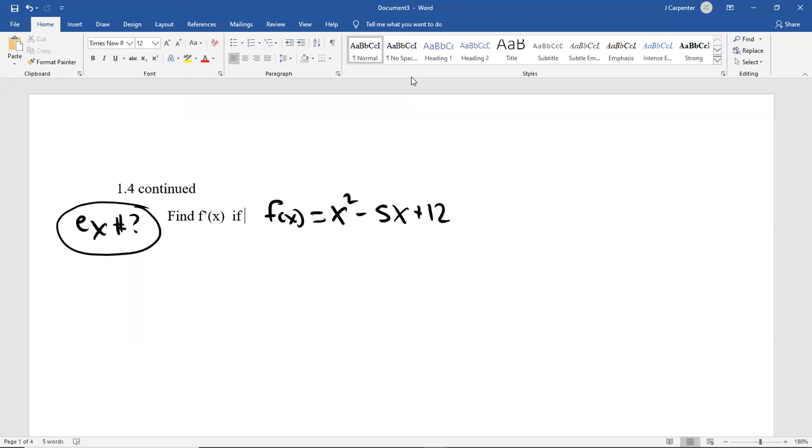This will be the last one where we do a limit to find a derivative. Then we'll have one small topic to close out the section with, and then we'll get into formulas that'll help us knock these out a lot quicker.